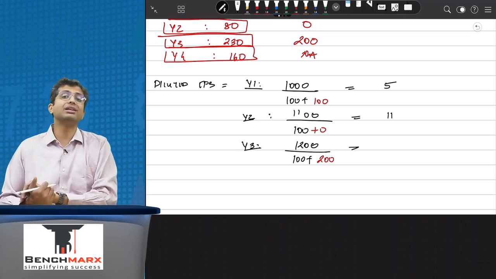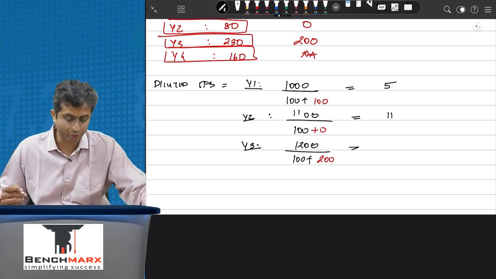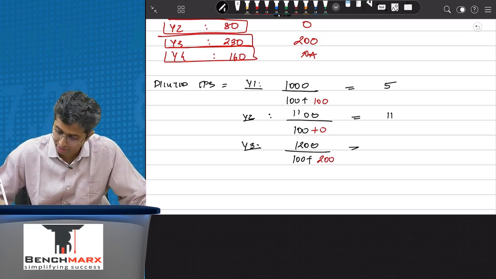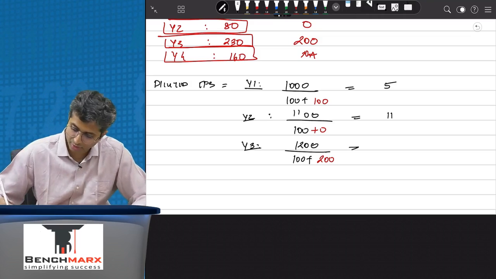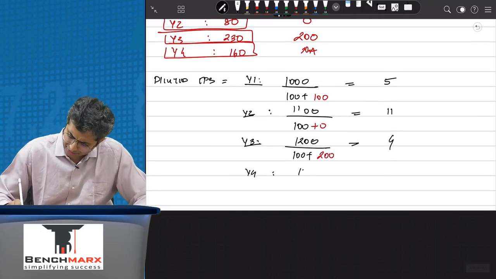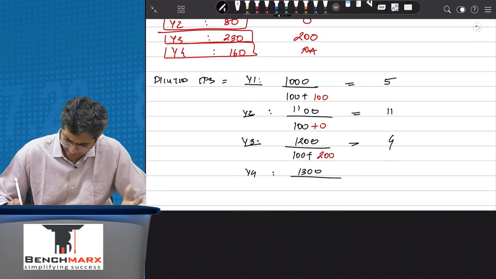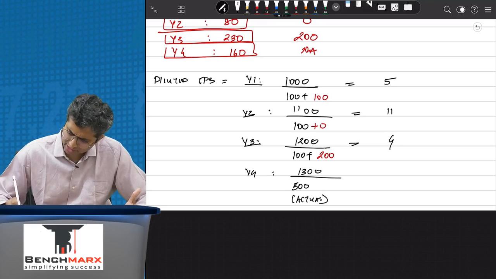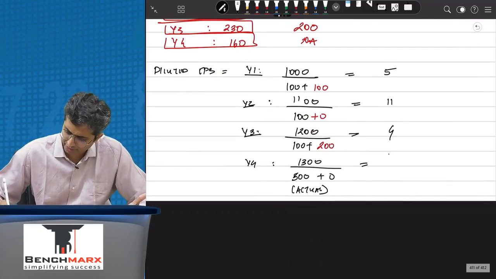They will become issuable at the end of the year or start of the next year, but they are potential, and hence 1200 upon 300, which will come to, let us say, 4 rupees. And then when you go to year 4, you will have 1300 upon, let us say, 300, which is actual, plus now nothing is potential, and hence this is the same 4.33.